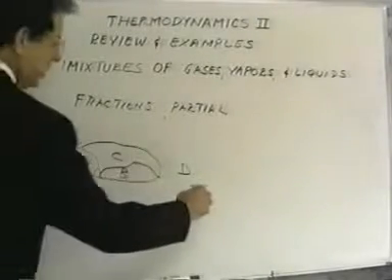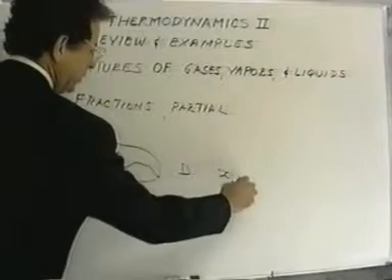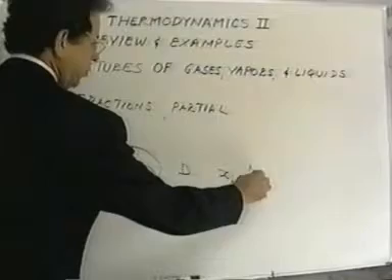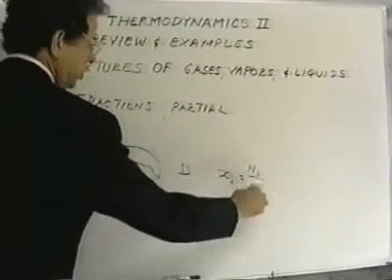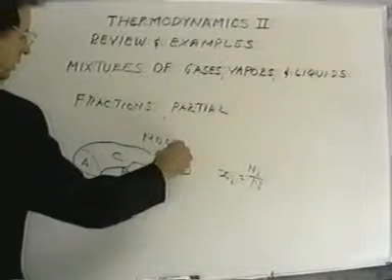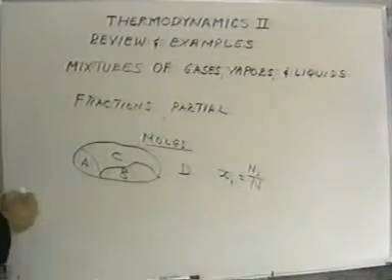Then we would write that X sub i, is the symbol we use, would be the ratio of that component to the total number of moles.